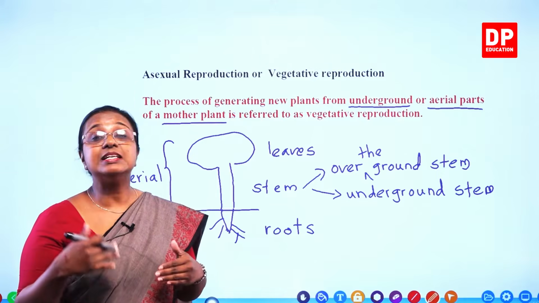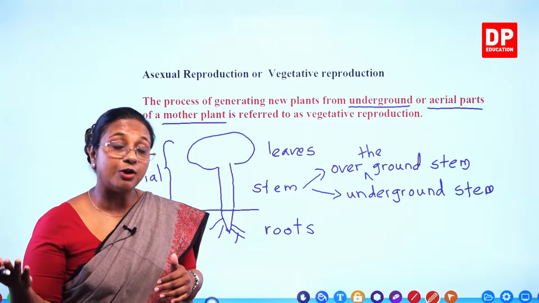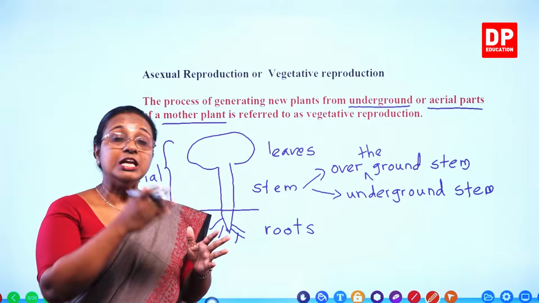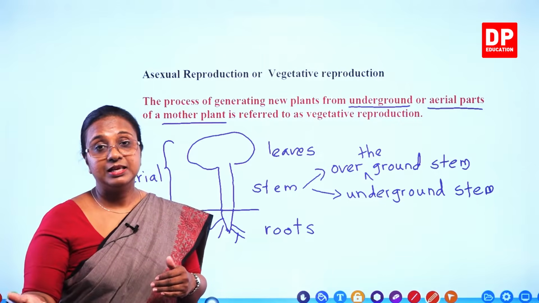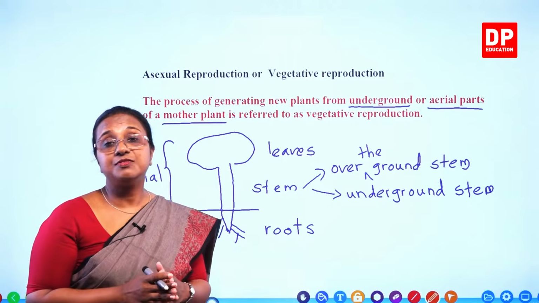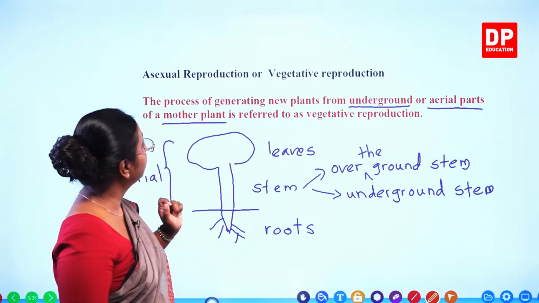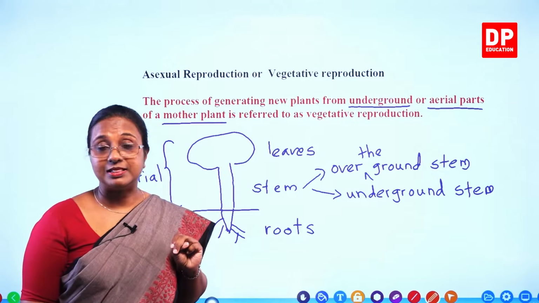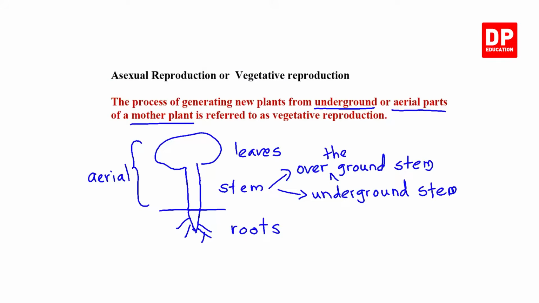So, that is a natural vegetative reproduction by stems, over the ground stem, runners. But if you have a rose plant, if you cut off part of the stem and you replant it, then it is an artificial vegetative reproduction. So, under vegetative reproduction or asexual reproduction of plants, there are two methods. One is natural, the other one is artificial. Now, we will discuss those methods.